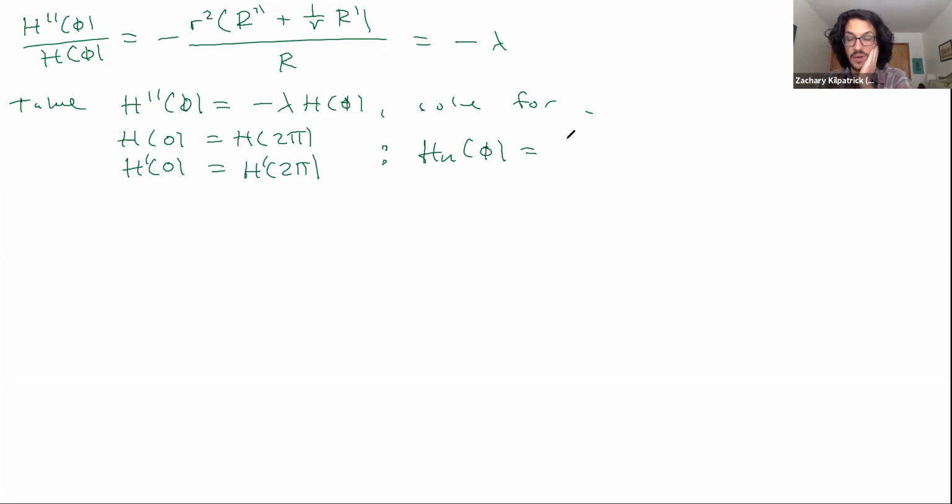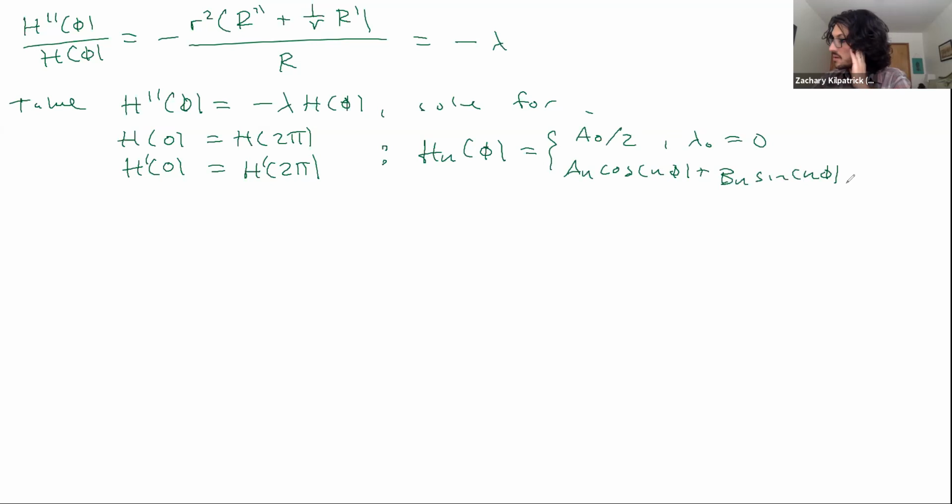We know what those periodic functions should be. They should be trig functions, right? So I either have a0 over 2, just a constant, where lambda 0 equals 0, or I have the sum of sines and cosines. And lambda n in this case is n squared.